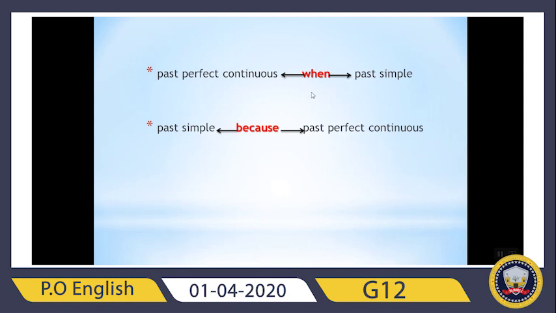So "when," after it past simple, before it past perfect continuous, had plus been plus verb plus ing. The opposite is "because." Before it past simple and after it past perfect continuous. So this is the second, here it will be the first. Here the first will be the second for "because."